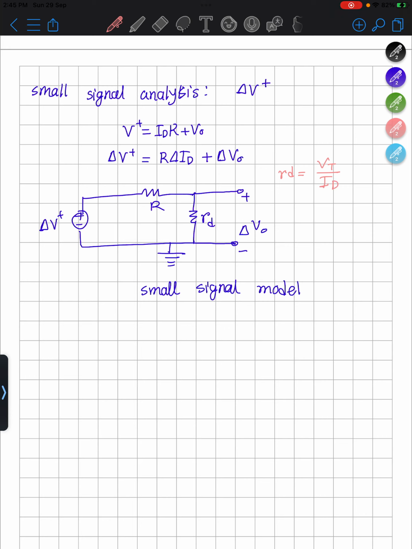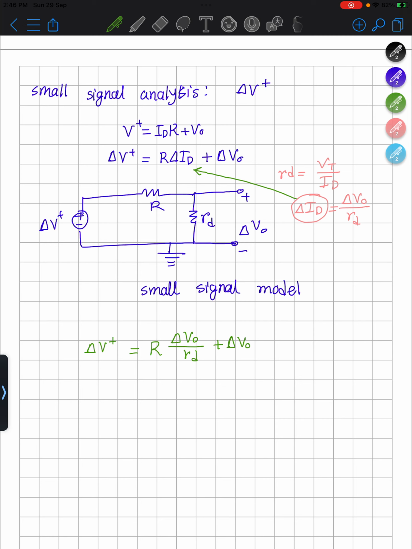From this equation we can get the value of ID. So del ID will be equal to del V naught over RD. So we can substitute this here, and we will get del V plus is equal to R multiplied by del V naught over RD plus del V naught.